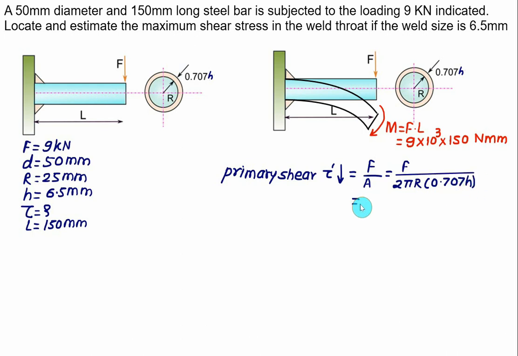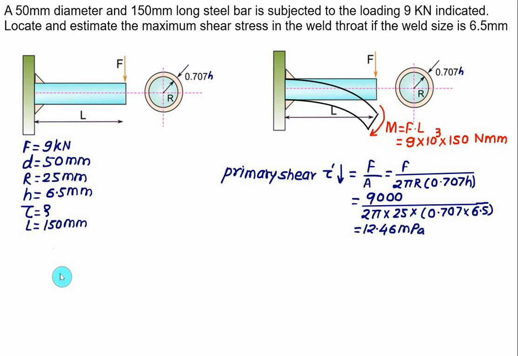Force we have to use as 9 kilonewton, which is 9000 Newton, divided by 2 pi, the radius of the steel bar equal to 25 mm, multiplied by 0.707 times the leg size h, which is 6.5. This answer will come in megapascal. It is 12.46 megapascal.